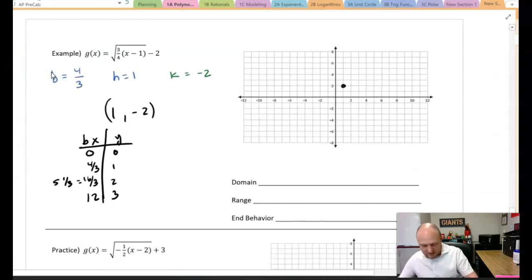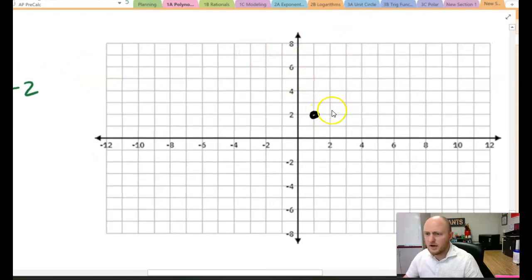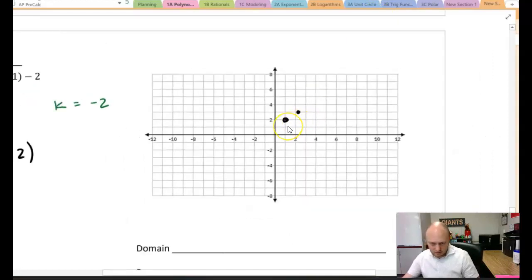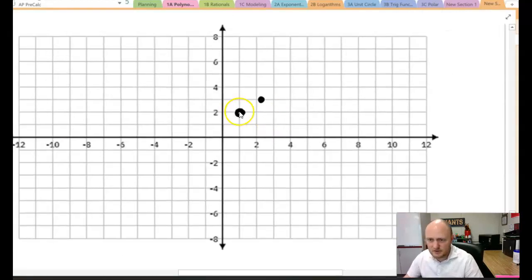Let's go ahead and plot these. Okay, so 4/3 and then 1. So right 1 1/3, and then we're up 1. Okay, and then the next point was that 16/3. So 5 1/3. So I'm going to go right 5 1/3, and then we'll go up 2.